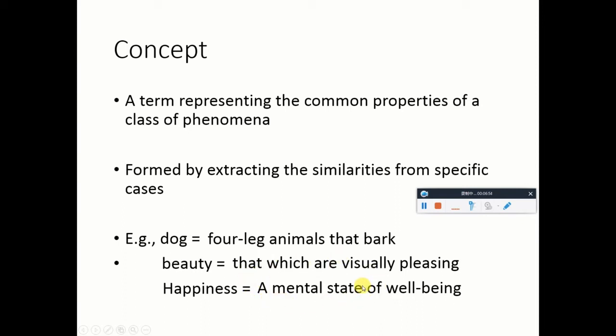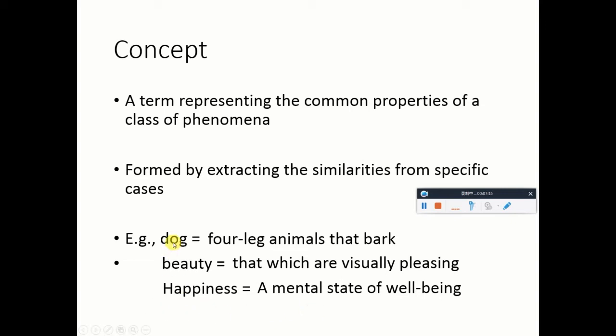You can comfortably add an s here to make this phrase plural, so that it will refer to not just one state of well-being, but a collection of psychological states that we'll call happiness.